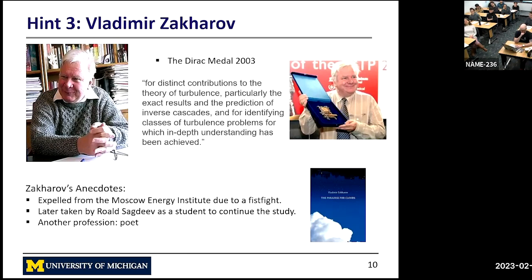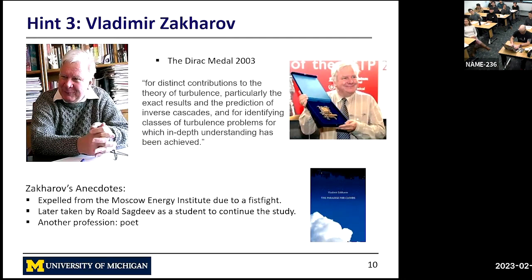Later, his talent was found by someone whose name is Rodney Sagdeev. He took Zakharov as a student, and that's how Zakharov started his scientific career. This man is the first student of Lev Landau, who is a giant in physics in the world. It's kind of a parallel position to Richard Feynman.